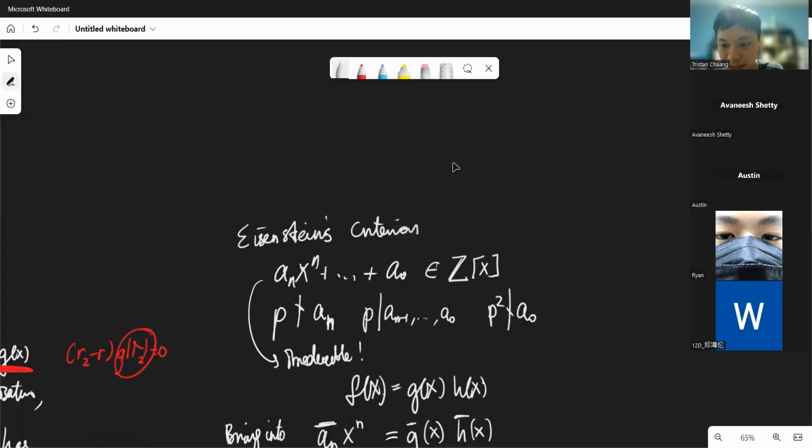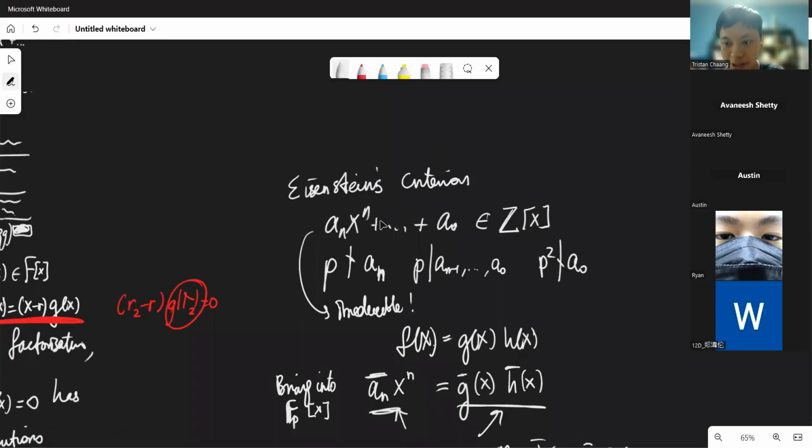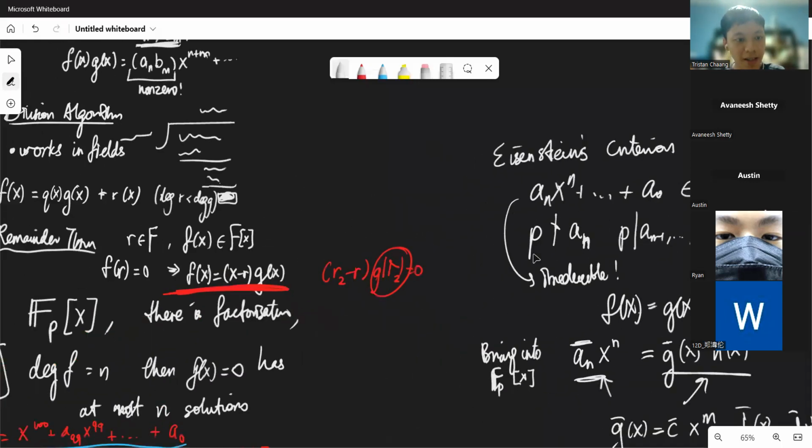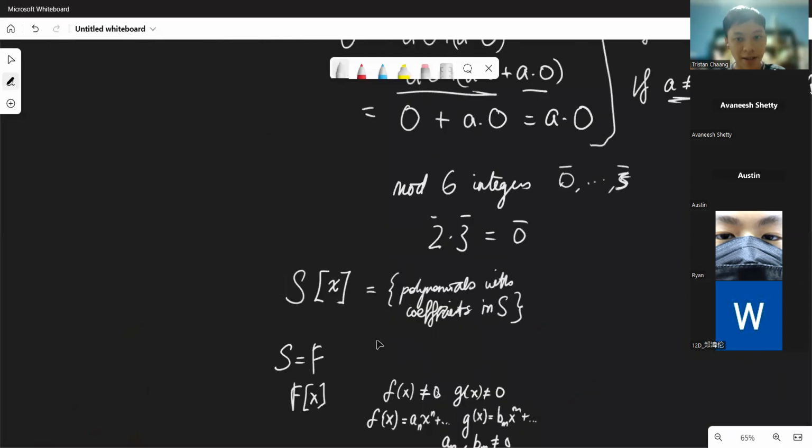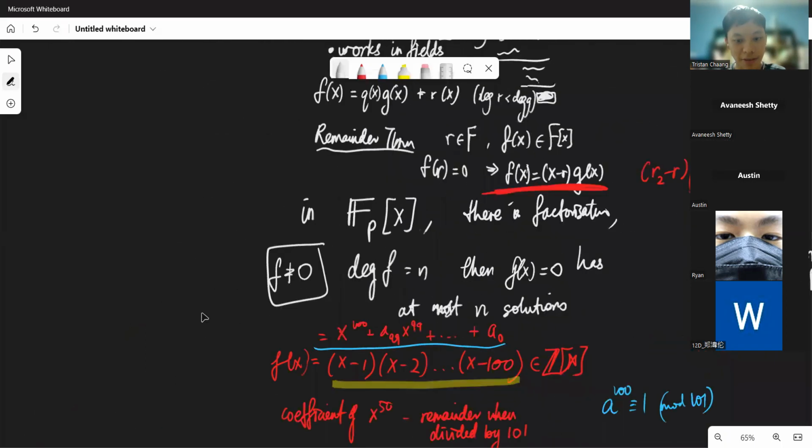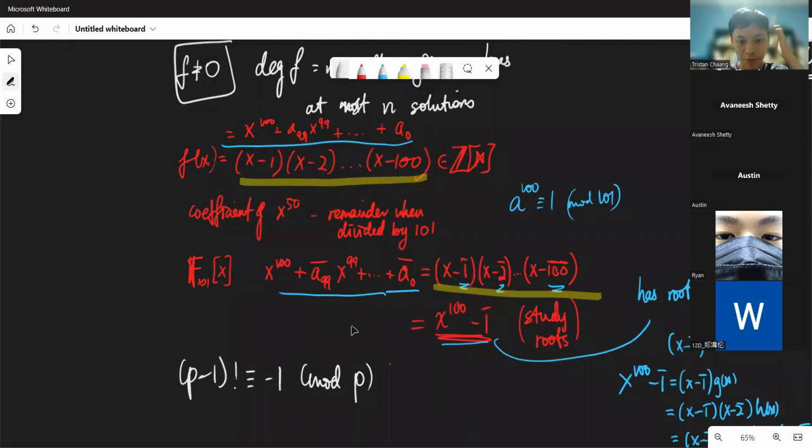There is a question here, about the problem we discussed previously with x minus 1, x minus 2, up to x minus 100. What can we conclude? What we can conclude is A99 is a multiple of 101, A98 is a multiple of 101, until A1 is also a multiple of 101, because all of these vanish under mod P. As you can see, there are no middle terms in x^100 minus 1.